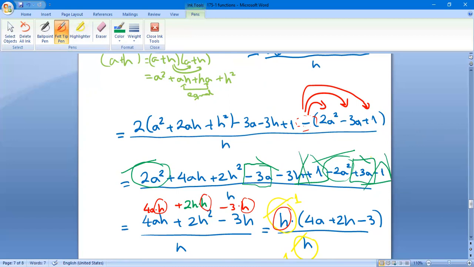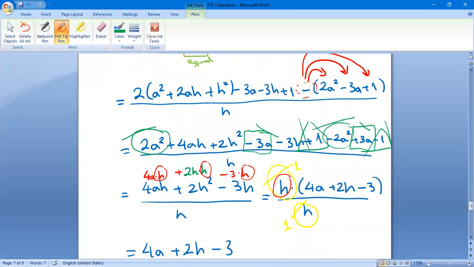What has remained? Well, 4ah plus 2h squared minus 3h remained, and we also have a division by h. Now, if you look at the terms here, we have h as a common term: 4ah, 2h squared means 2h times h, and minus 3h.